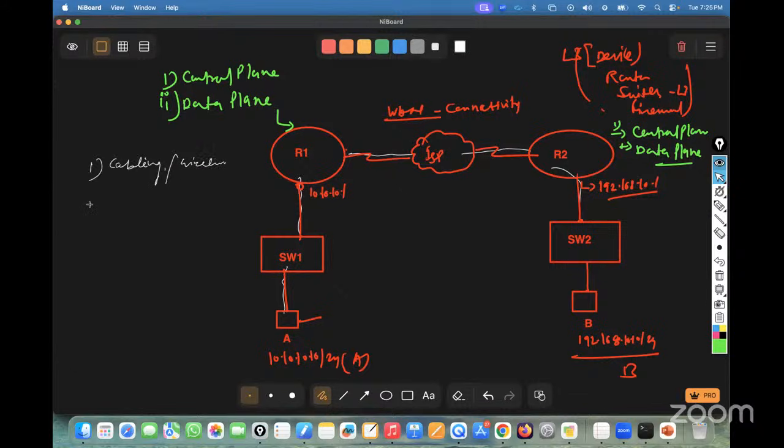There is no problem. But you also require logical addressing. Logical addressing means you have to define the IPv4 or IPv6 addressing to make the communication.